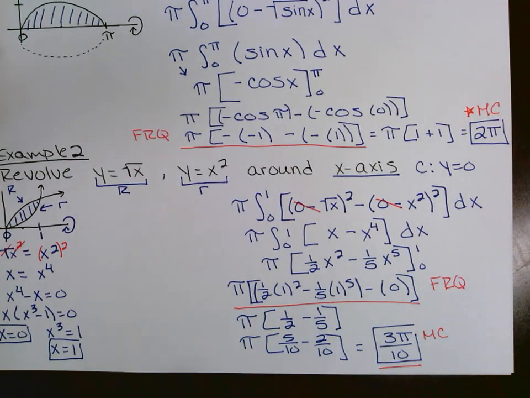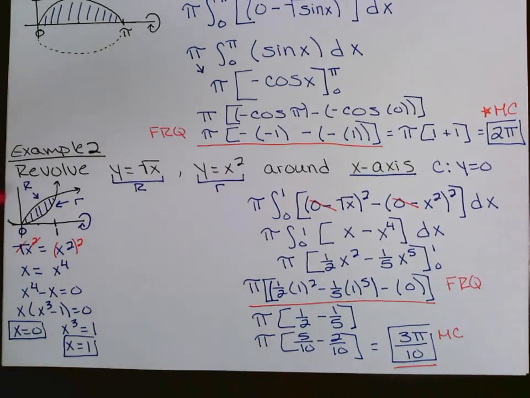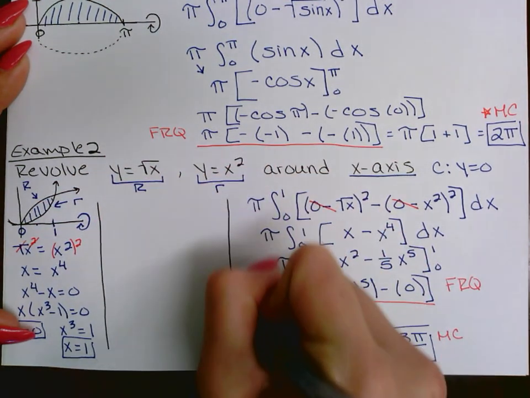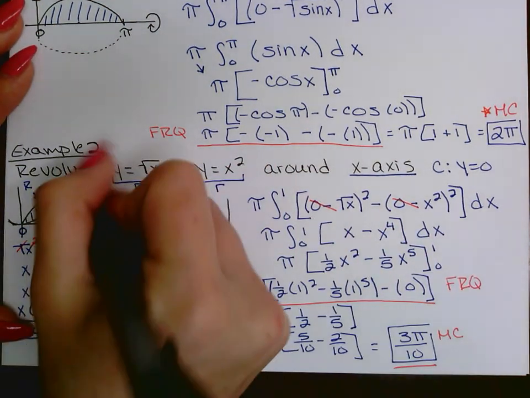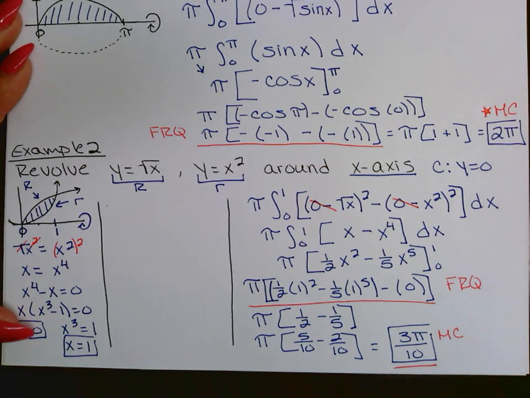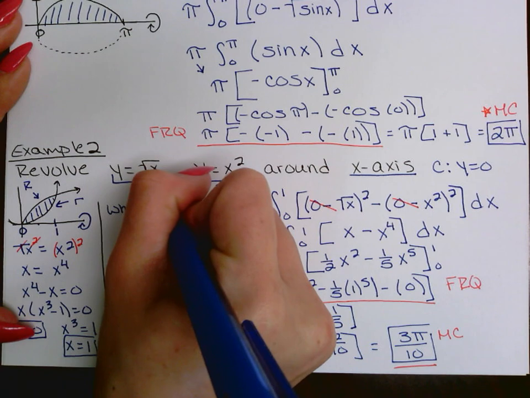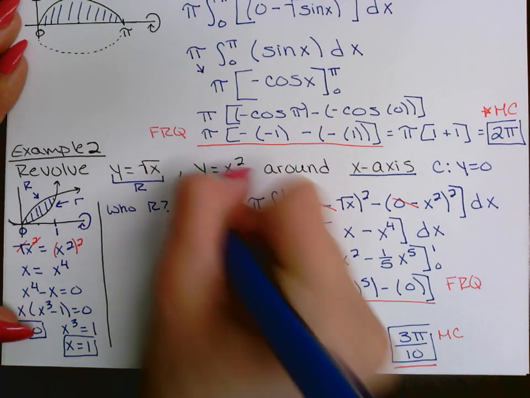Now, if you're not a big fan of graphing, and you don't feel confident always graphing these, I'm going to give you another option. I left this space here on purpose. So we'll call this who is capital R and who is lowercase r. Okay?